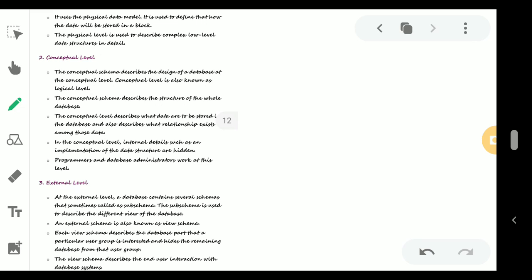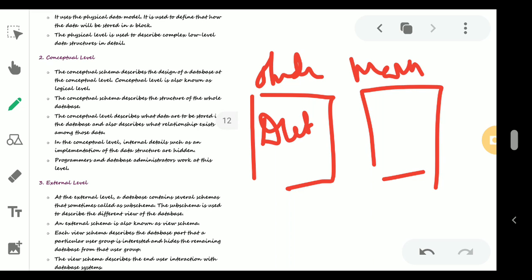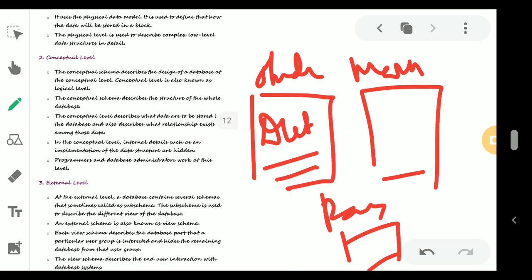Suppose I am storing student details, marks, and payment. We have to describe what kind of data we are storing and how these three tables are interrelated.